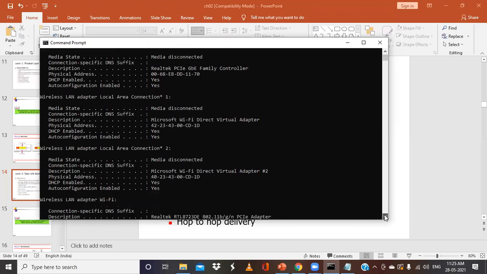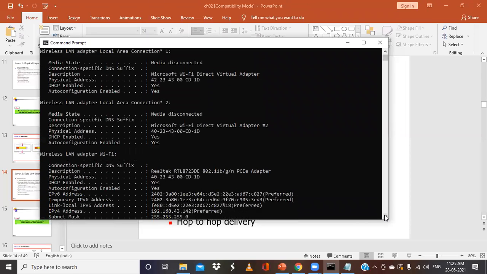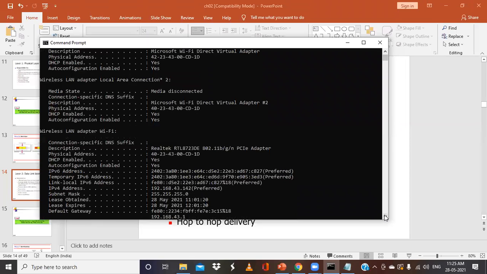Similarly, we have the logical address. Here we can have logical addresses of two types: IPv4 and IPv6. IPv4 is the one that we are currently using. IPv6 will be the future, so currently we are not using that. We are using only IPv4 addresses.